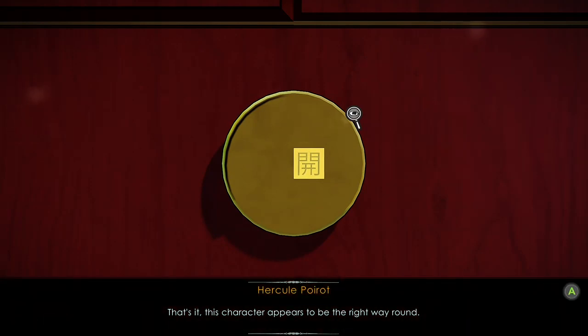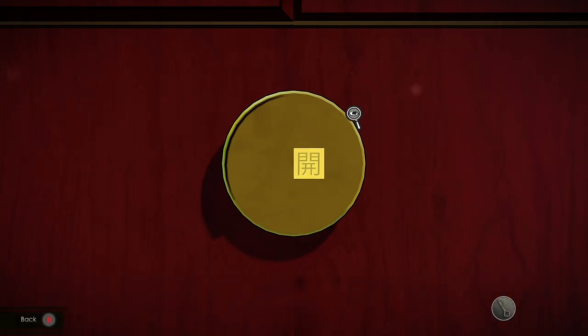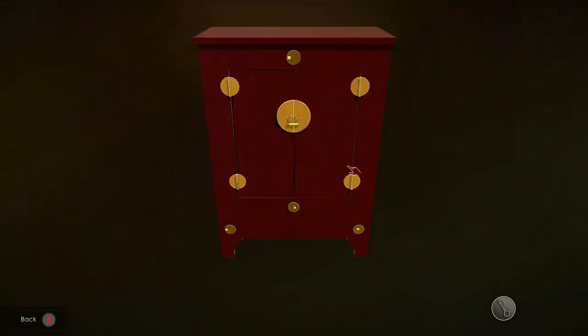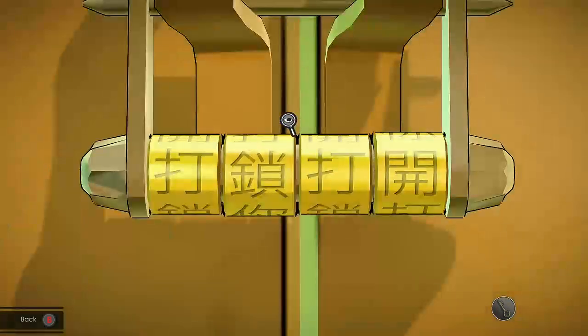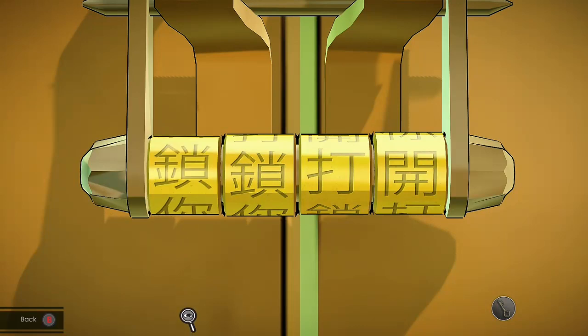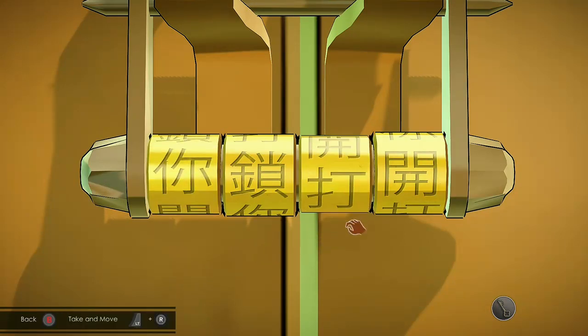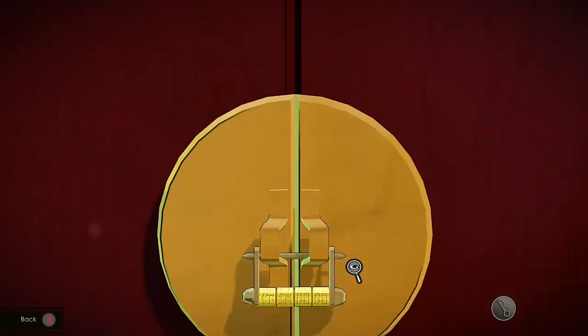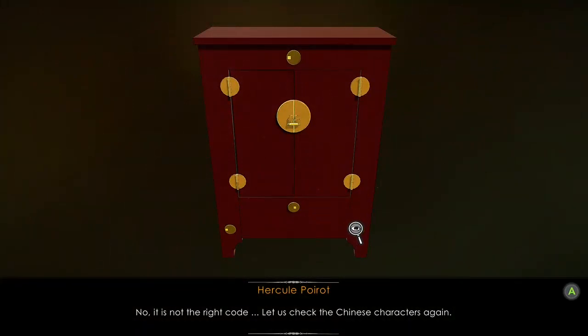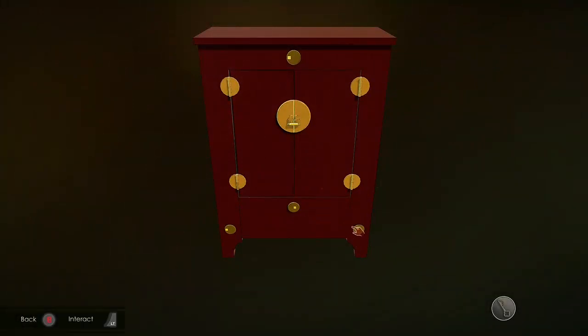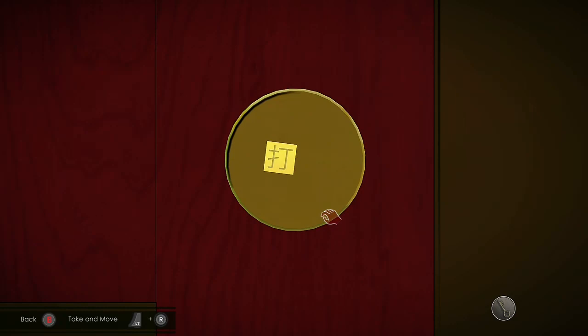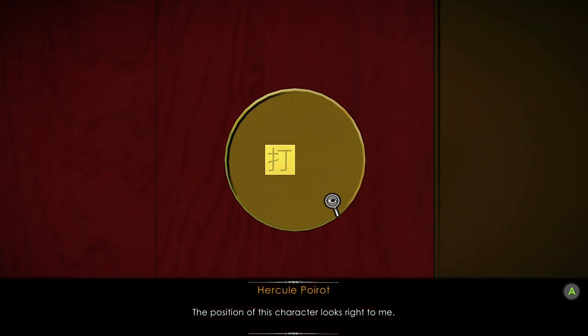This character appears to be the right way round. The position of this character looks right to me.